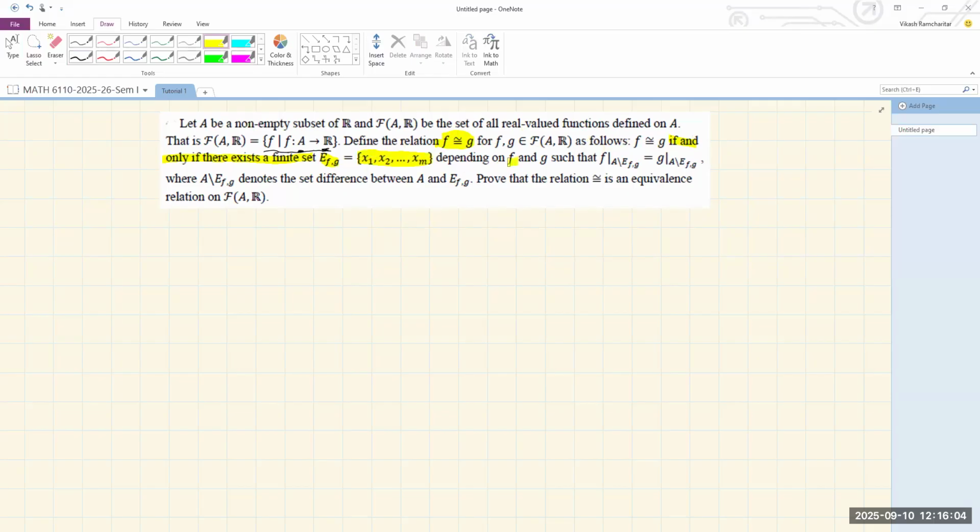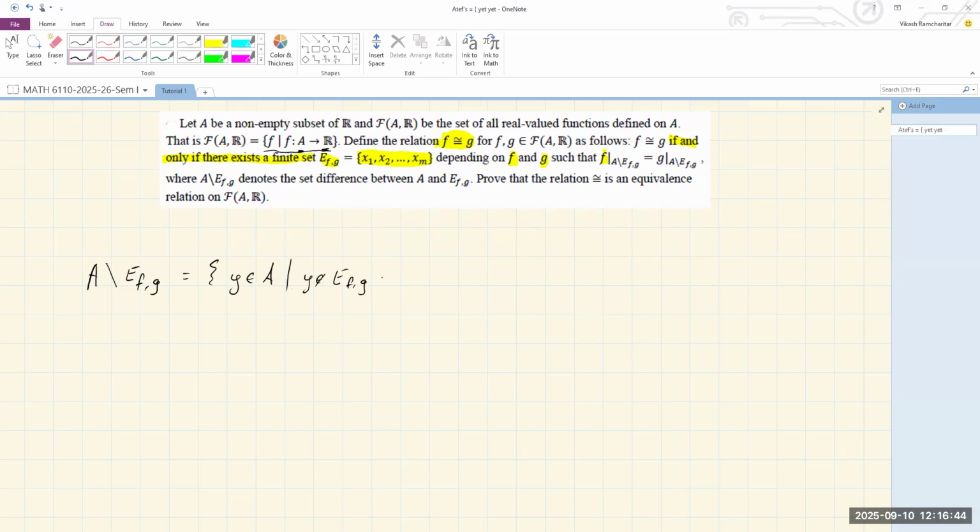And this set is going to depend on the functions f and g, such that the function f, when restricted to the set A minus E_FG. So what is this set? You could write A slash E, F, comma, G. This is just the set of all points, let's say y in A, such that y is not in this set.